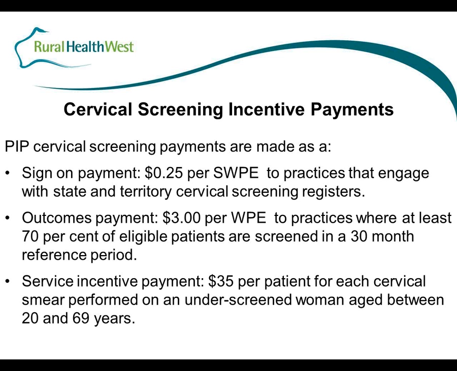An outcomes payment, which is $3 per WPE, is paid to practices where at least 70% of eligible patients are screened in a 30-month reference period. And a service incentive payment is $35 per patient for each cervical smear performed on an underscreened woman aged between 20 and 69 years.